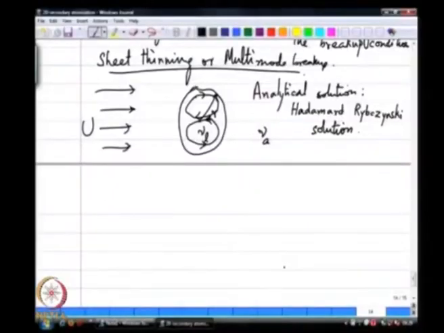So, this is your mean flow condition. At this mean flow, if you now perturb this mean flow, where on the surface you have a certain n in the direction that I have indicated and another m in the other direction, so it is like a latitude direction and a longitude direction, a second azimuthal wave number.